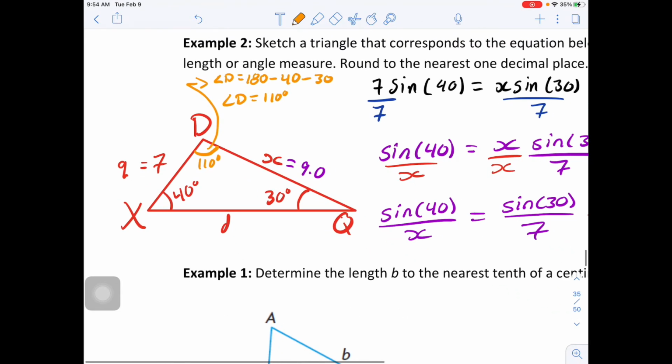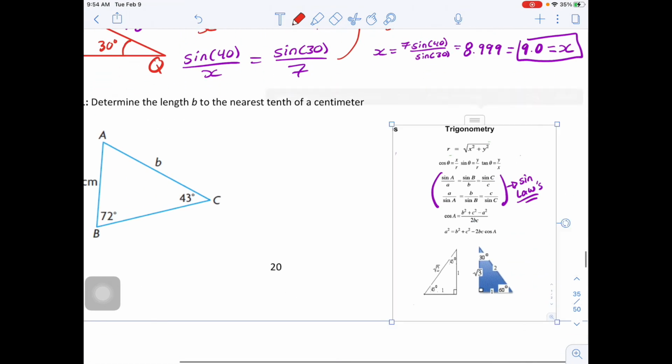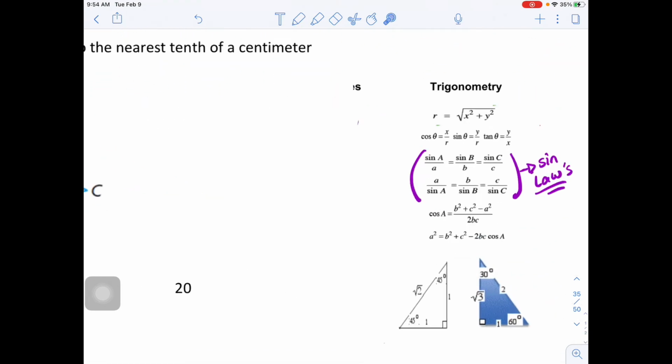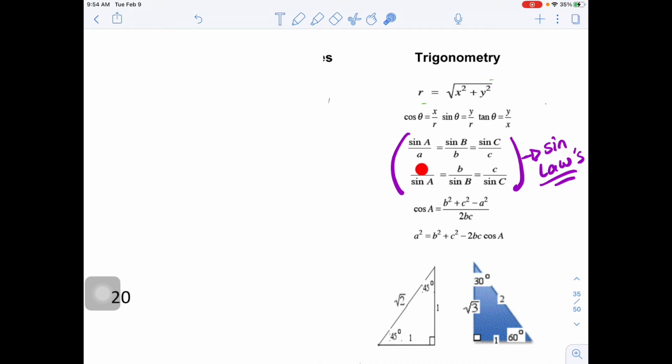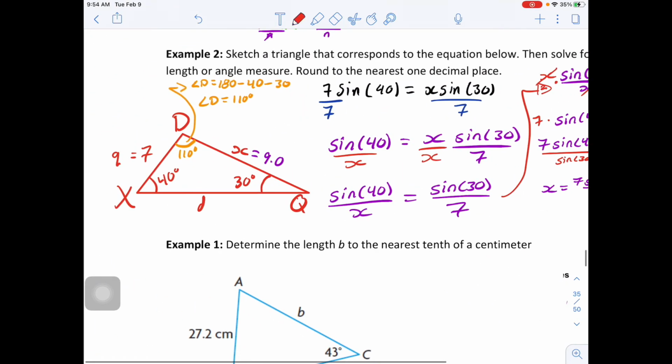And now you can use your sine law again. I would probably use the one that I did not round. So I would use the fact that sine 30 over 7 equals sine 110 over d. Or, to make my life easier, since I'm solving for a side length, I would put the side lengths on top. So I'm solving for d.